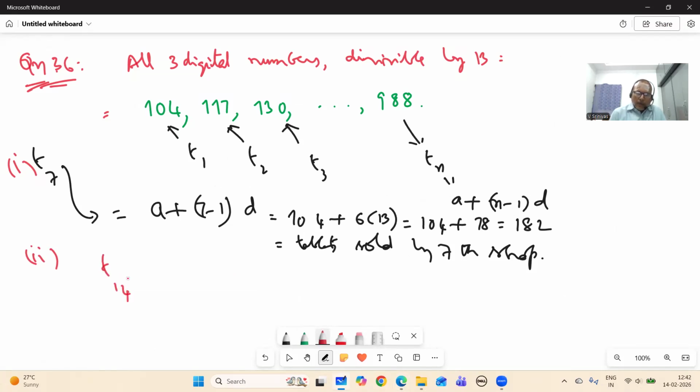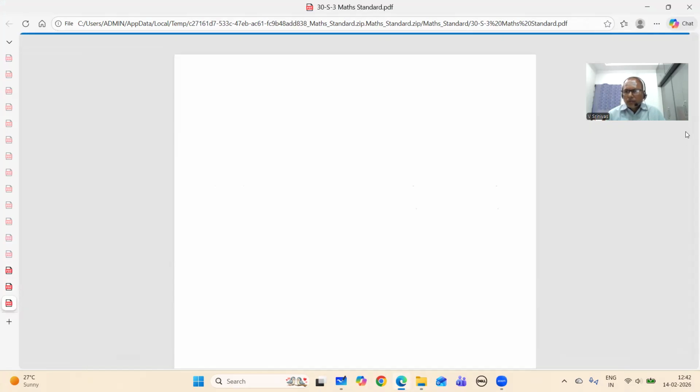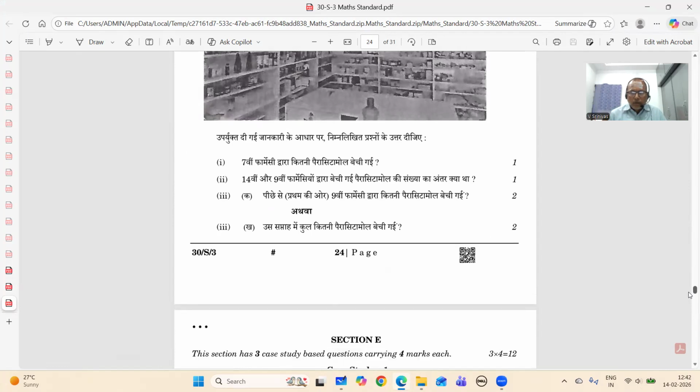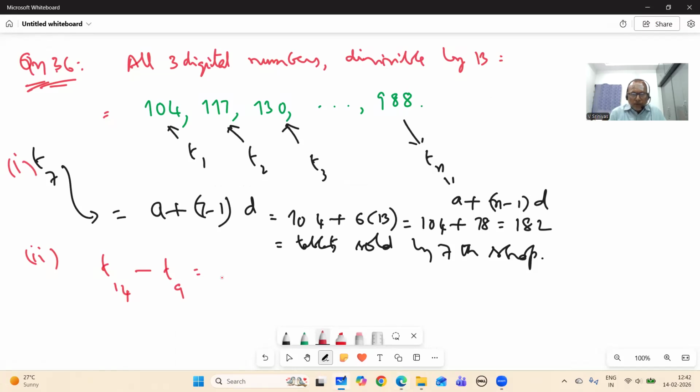Look at the sale of the 14th pharmacy and the 9th pharmacy, right? What was the difference between the number of paracetamol sold by the 14th pharmacy and the 9th pharmacy? And how much is this?